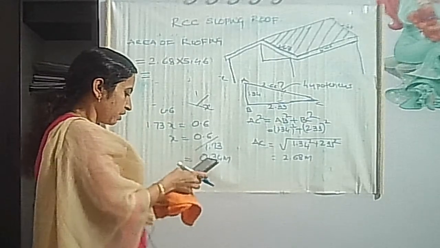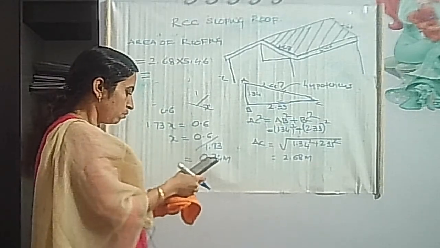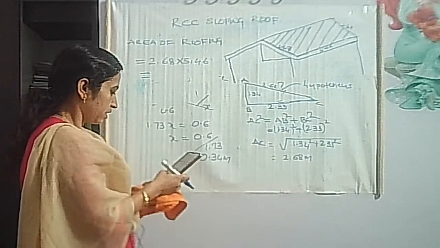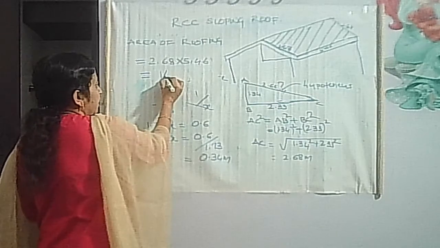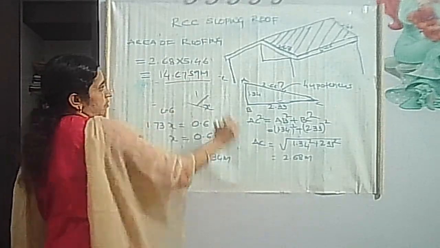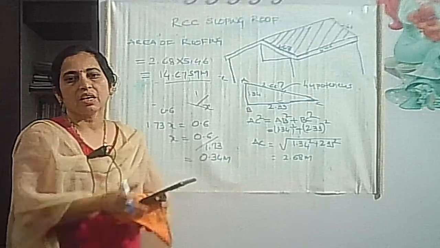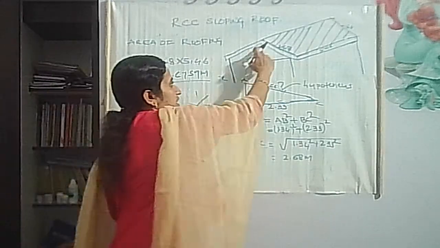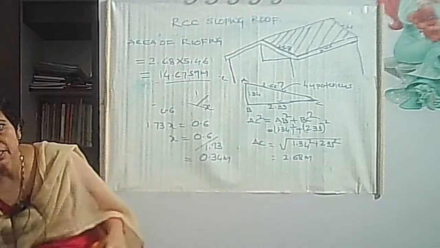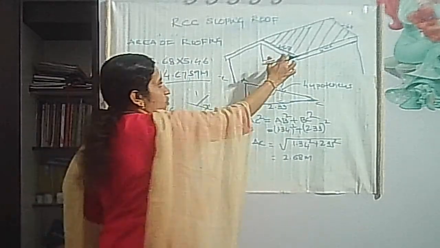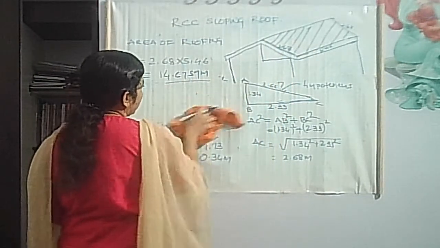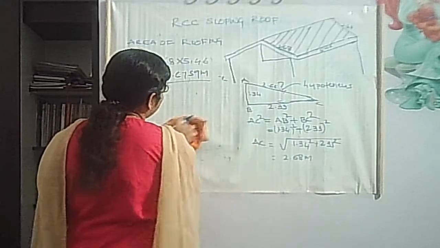So, 2.68 into 5.46 is equal to 14.67 square meter. Area of the RCC sloping one side is 14.67. So, since it is a double sided roof, you have one rectangle here, the other rectangle is on the other side. So, you have two areas.